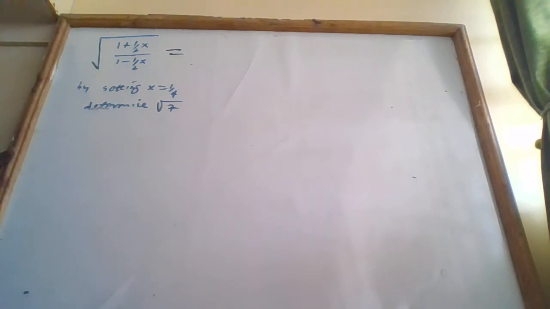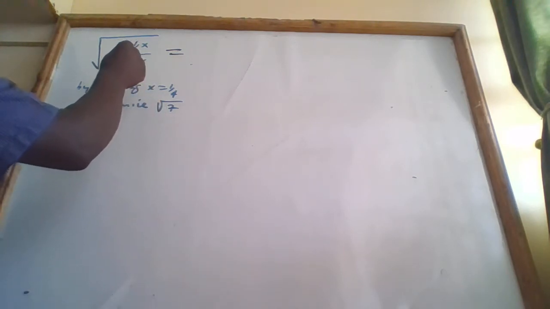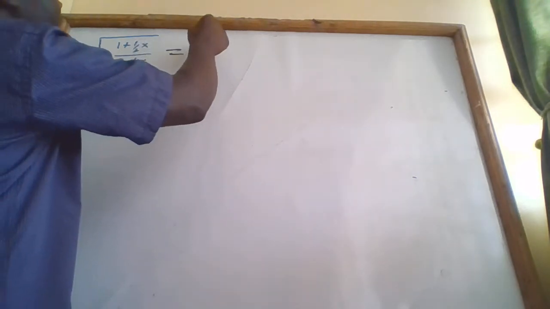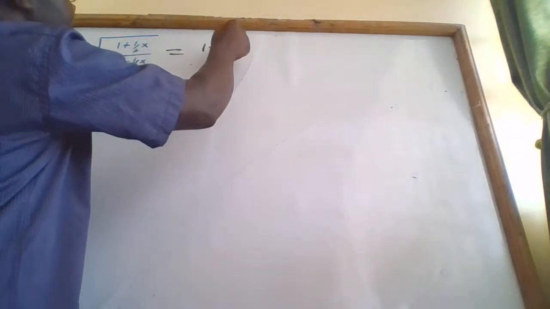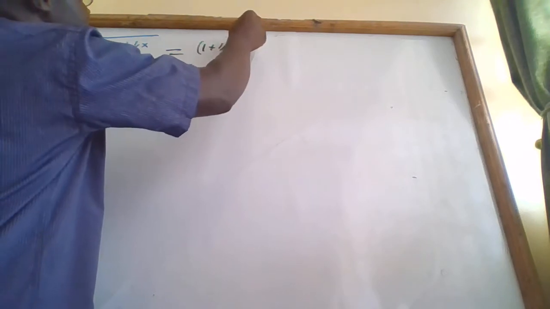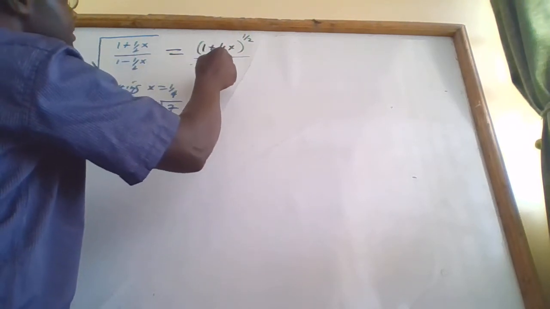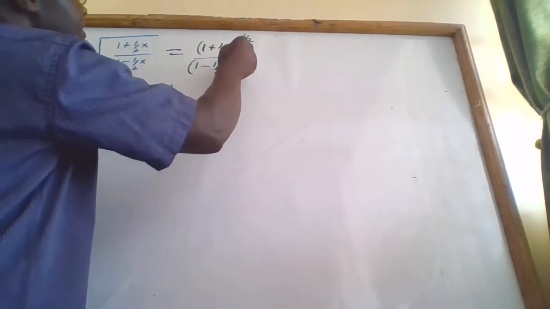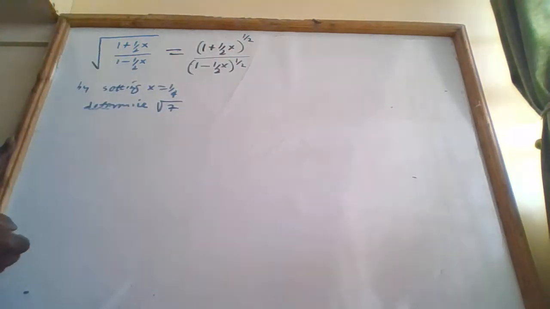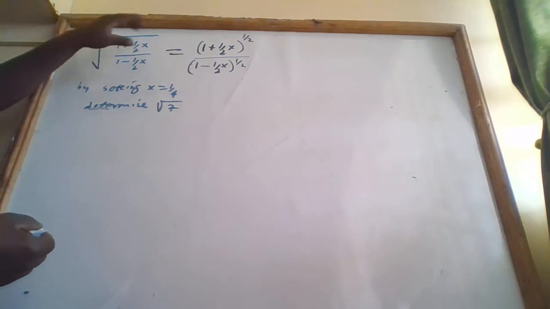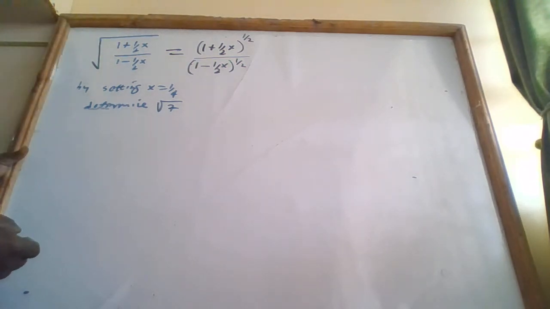Now, we can write this equation as (1 plus a half x) raised to a half over (1 minus a half x) raised to a half. The square root sign is the same as raised to a half.